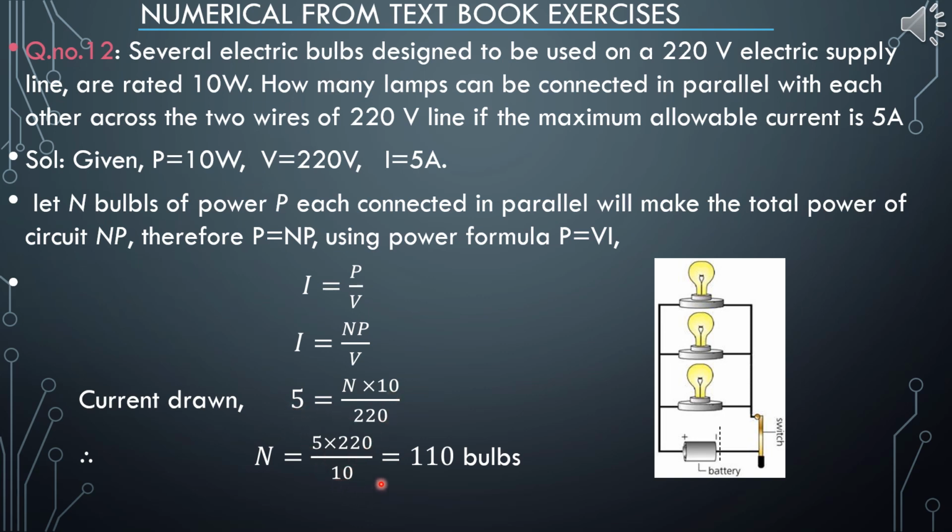When you calculate, 0, 0 get cancelled, 22 5s are 110 bulbs. So 110 bulbs can be connected in parallel in this circuit.